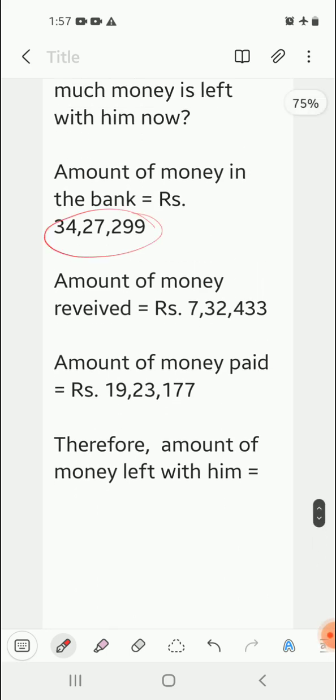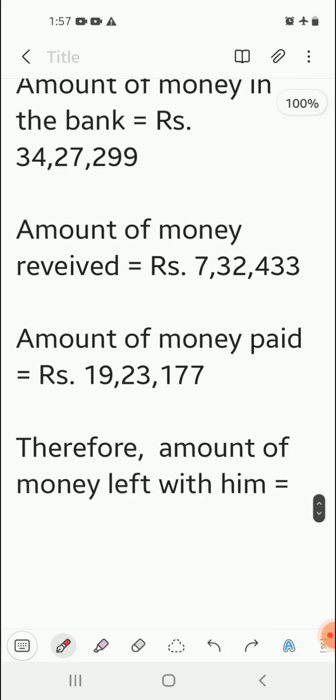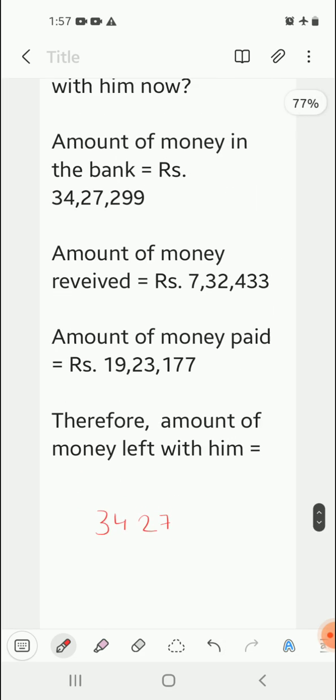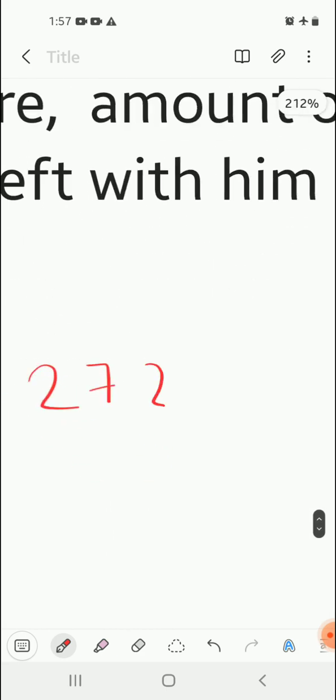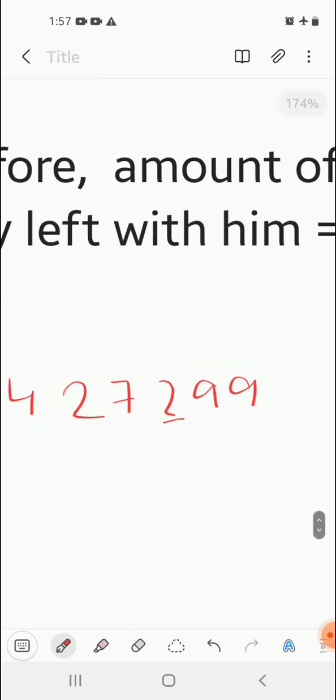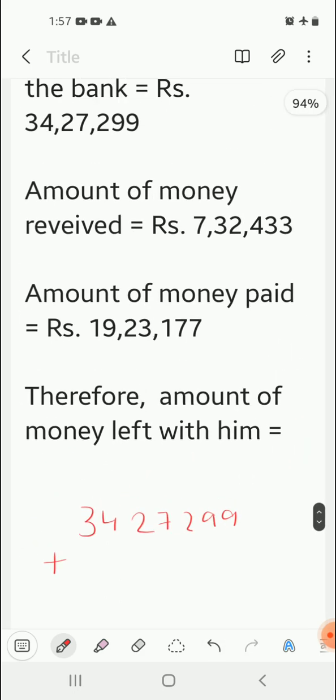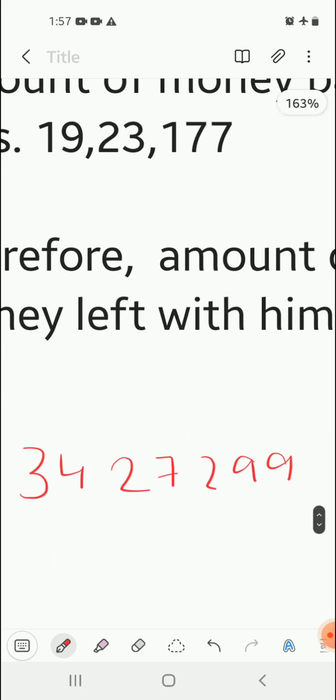So this plus this minus this. So let's do it. First 3427,299. With this we are going to add 732433.